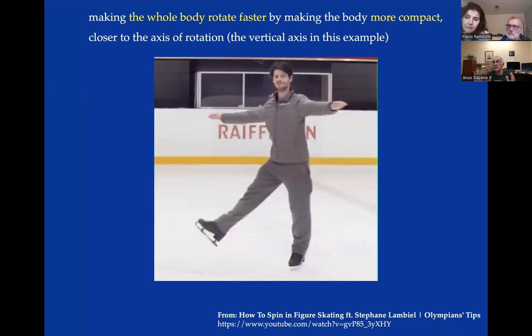So we call this a not very compact body configuration. He is going to be rotating counterclockwise in a view from overhead, and then he is going to bring his arms in to the middle and bring the right leg into the middle. So now his body will be more compact, and you will see that he will rotate faster.